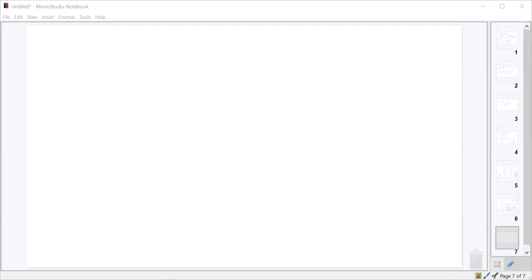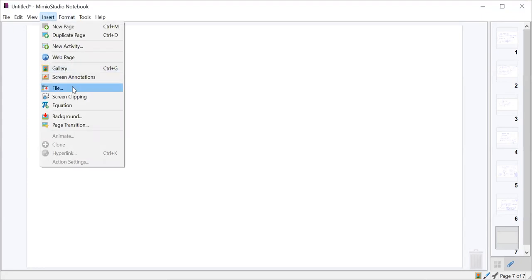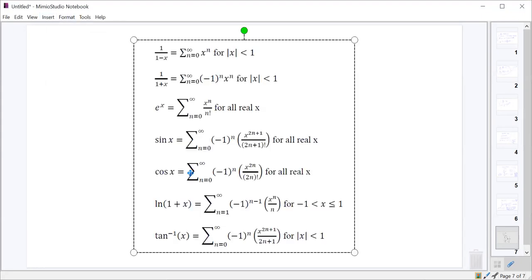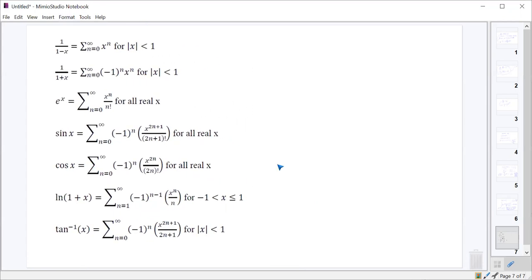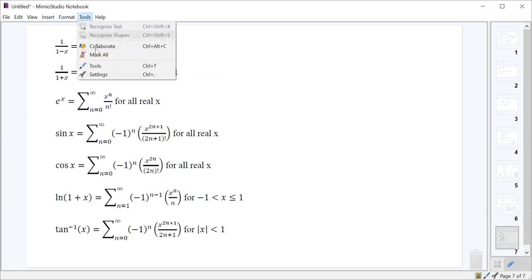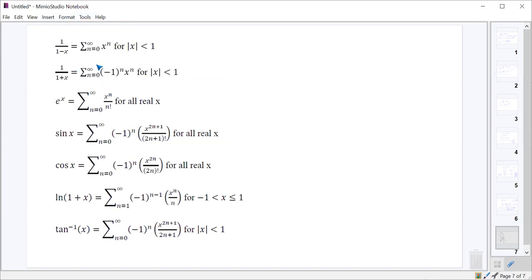So the important power series that you want to know are these ones, along with the intervals of convergence for them. These are ones that you really definitely want to know, the series representation of each one.